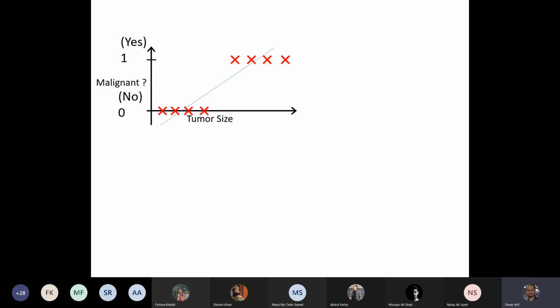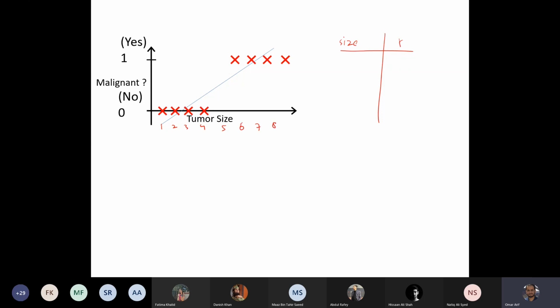Now let's apply the linear regression technique to classification. Suppose I have a data set where X is the size of the tumor and Y is my prediction. For example, sizes 1, 2, 3, 4, 5, 6, 7, 8.